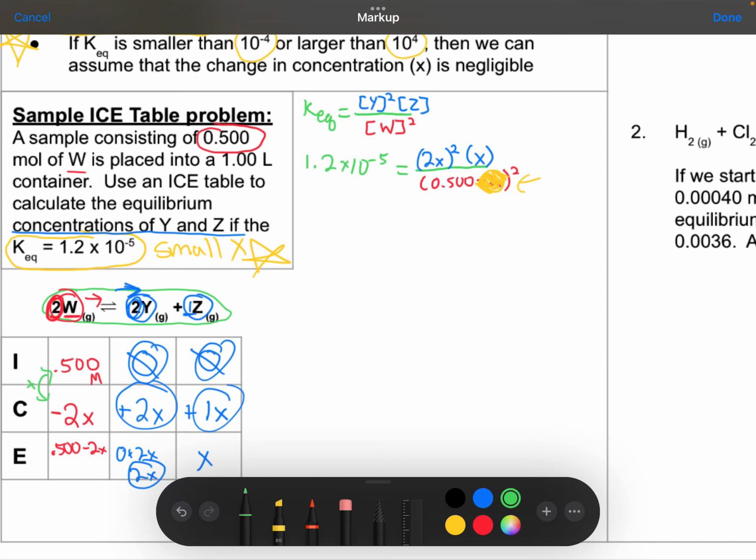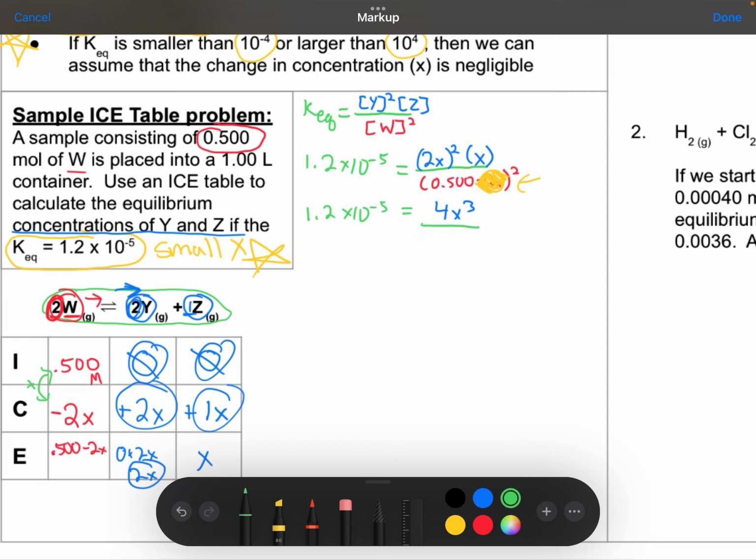I am going to keep the ones in the numerator because I'm not subtracting or adding anything in the numerator. I'm just talking about x, so we can leave it there. So to rewrite it, I have my 1.2 times 10 to the negative fifth is equal to my 2x squared times x. So if I simplify that, that's just going to be 4x cubed on top.